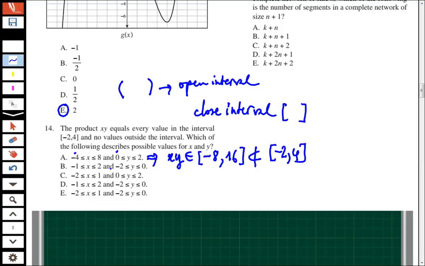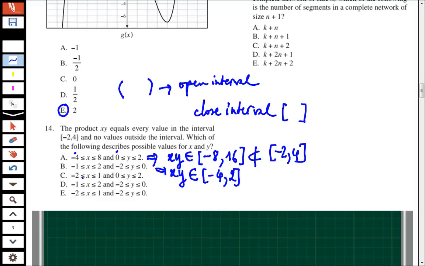Option B, x times y will be in... let me check. -4. We multiply the number 2 and -2, and there is 0. No. We take -2 times -1. We have 2.